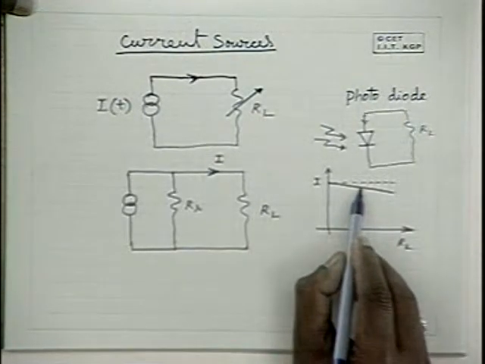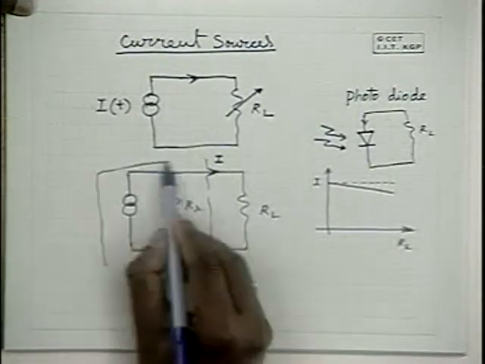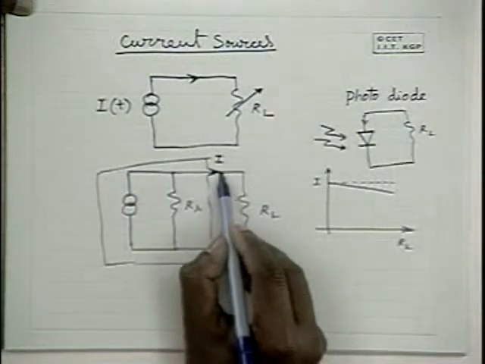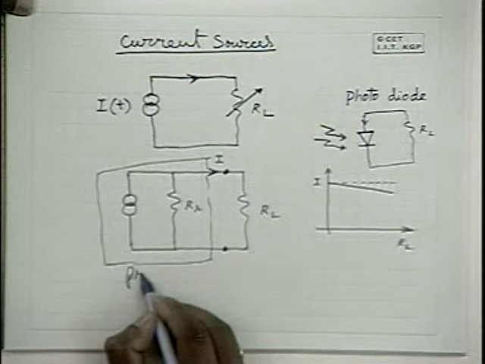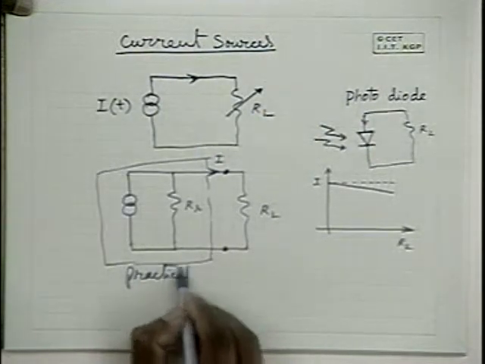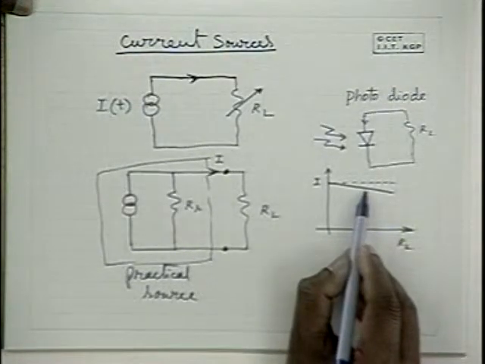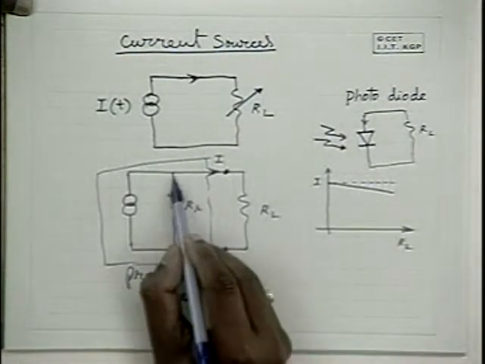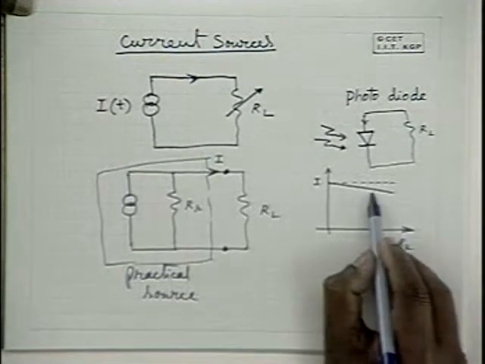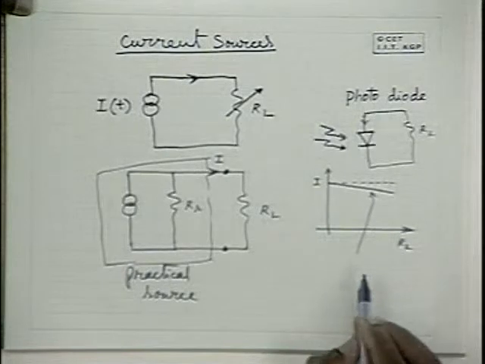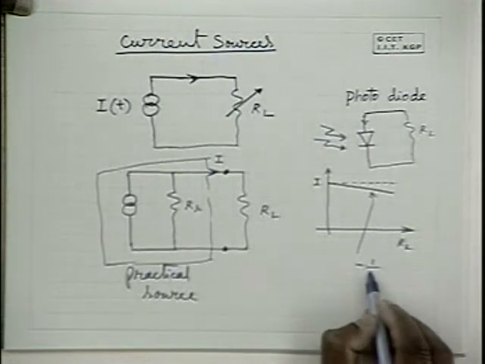So the terminal current going out of the terminals of this practical source behaves in this fashion, and it is obvious that there is a parallel resistance Rs inside. So what is the slope of this characteristic? The slope is minus 1 by RL.